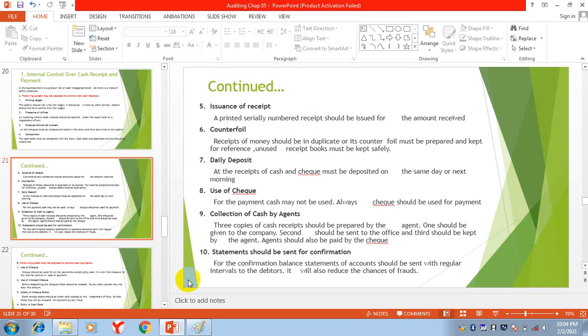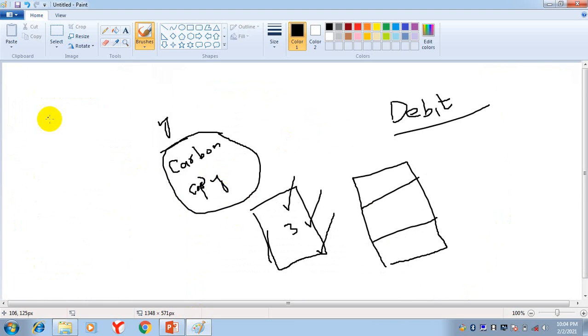Take an example: when you are making payment for a book, or purchasing a laptop or mobile, the person who is receiving the cash gives you a receipt, a cash memo. Same is the case here.